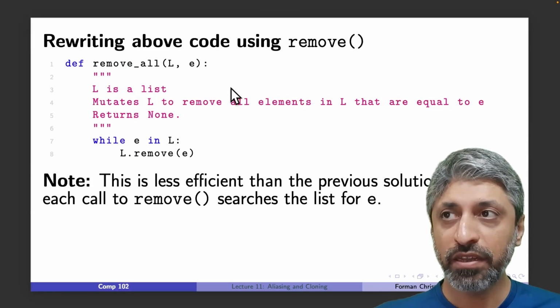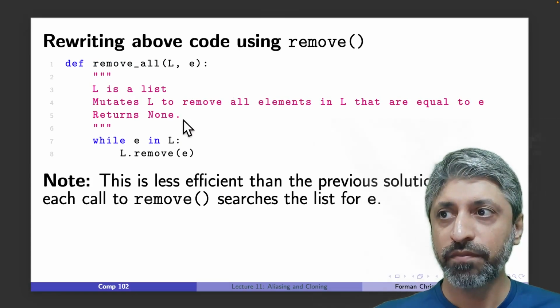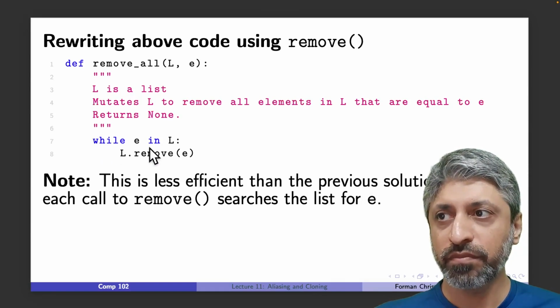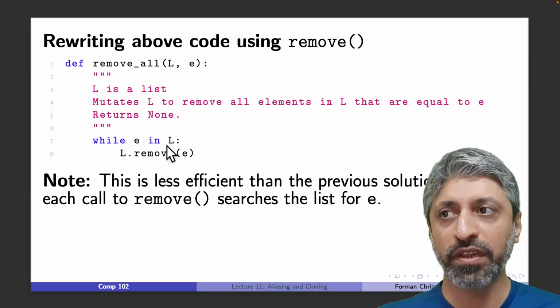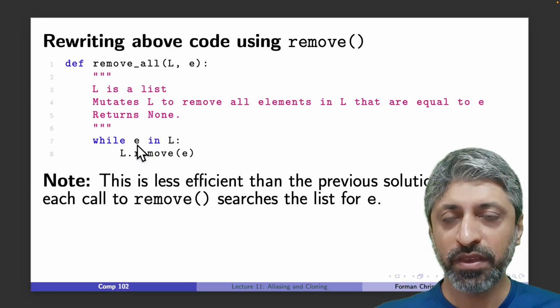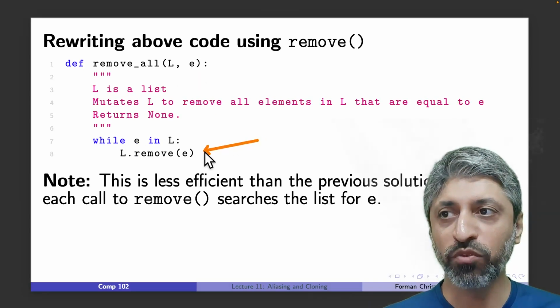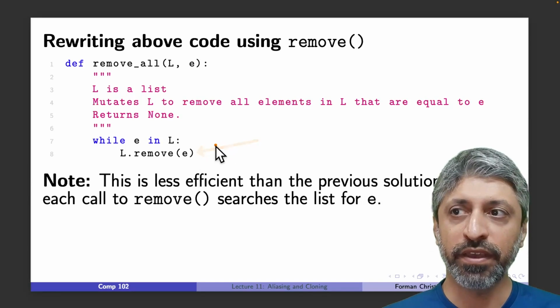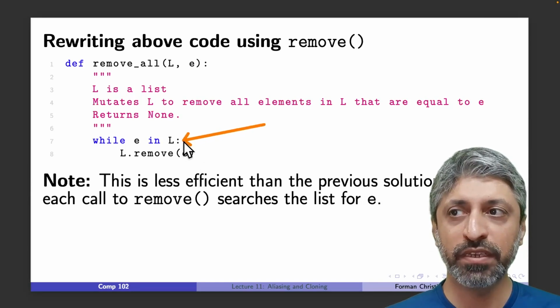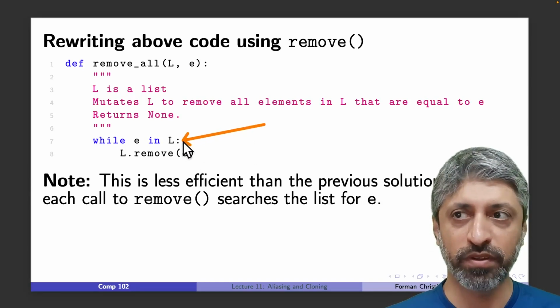If we rewrite the above code for removal, the way we do it is, so basically we scan all of the list. हम देखेंगे जब तक E is in the list, we just keep on removing it. And when we are done, when E is not in the list any longer.